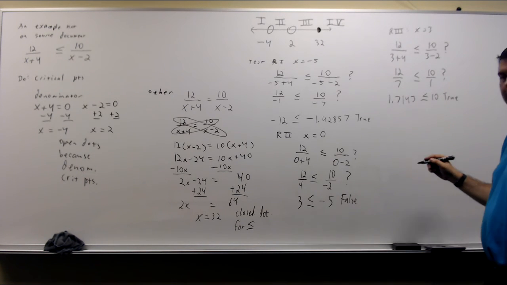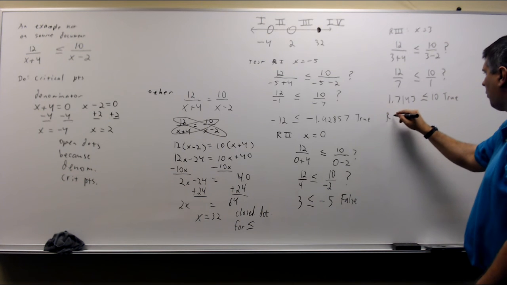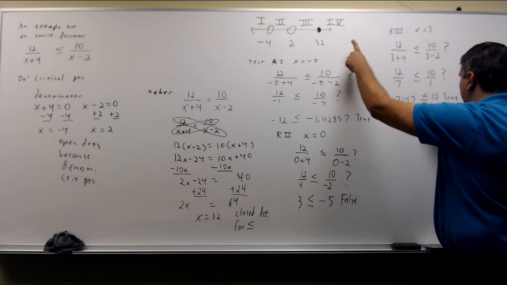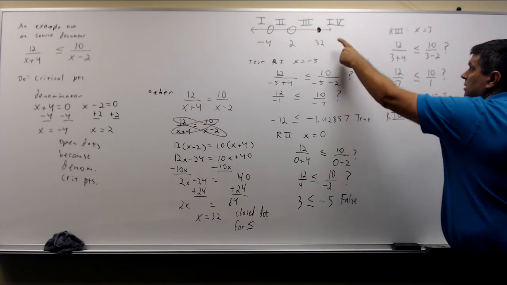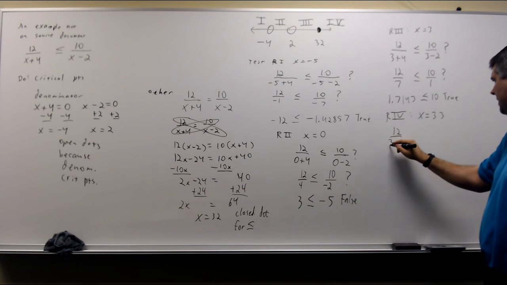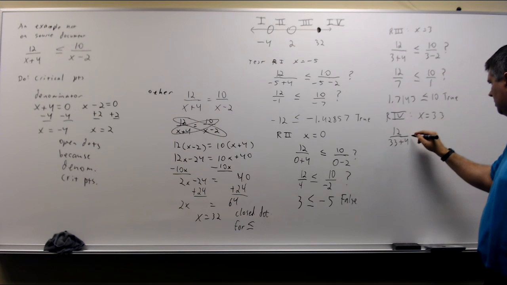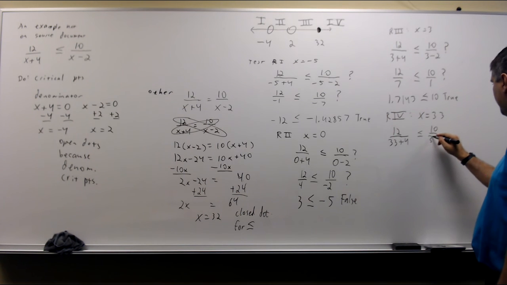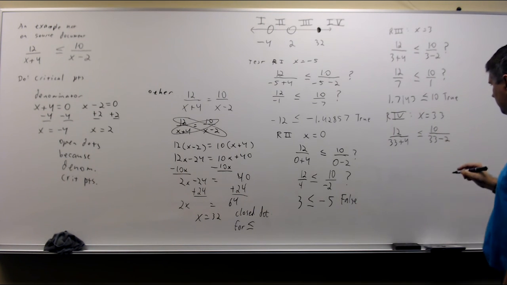Okay? And then finally we have region 4. I'll use x equals 33. So I have 12 over 33 plus 4. I want to know if it's less than or equal to 10 over 33 minus 2.